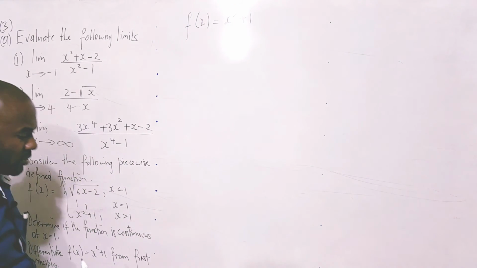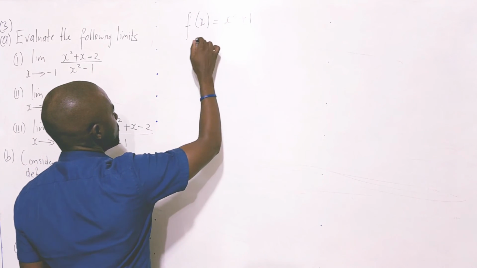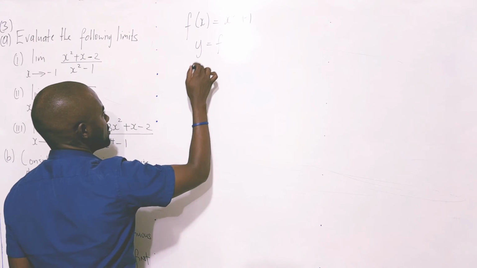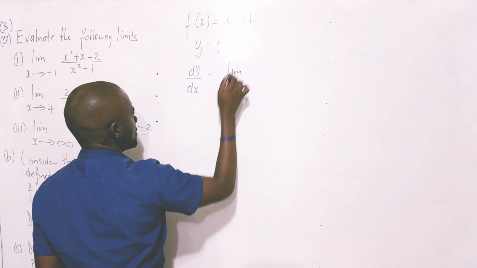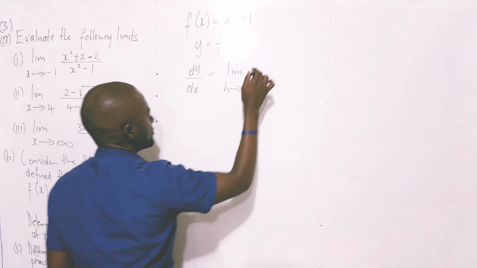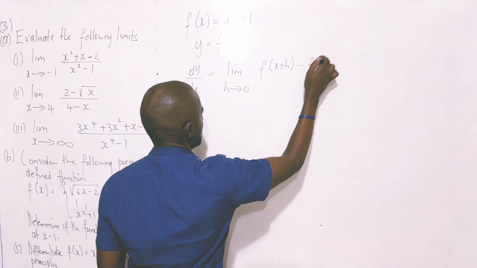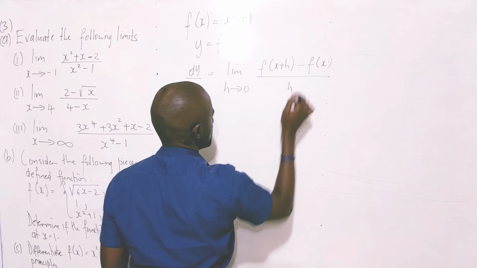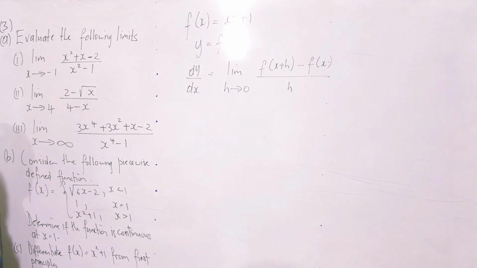Now, when it comes to differentiating from first principles, for any function y equals f of x, then dy by dx is equal to the limit as h approaches 0 of f of x plus h minus f of x, all over h. That is how we differentiate a function from first principles.